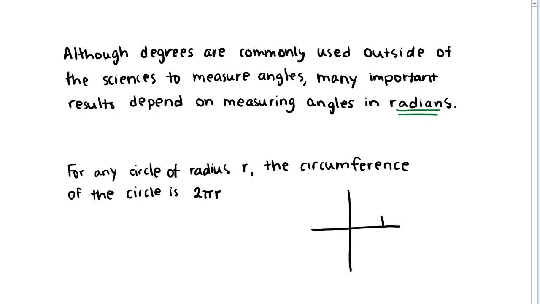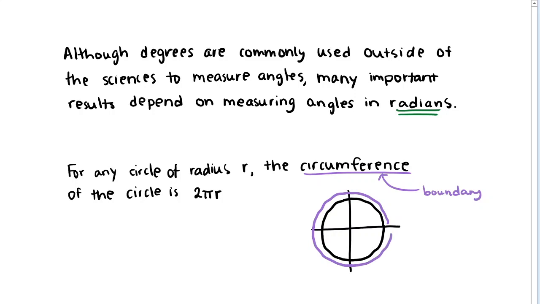If I draw a circle, no matter what the radius is, the circumference, which is just the word for the perimeter of a circle, or the measurement of the boundary of the circle, whatever the radius is, the circumference is 2 pi times that radius. 2 pi r.